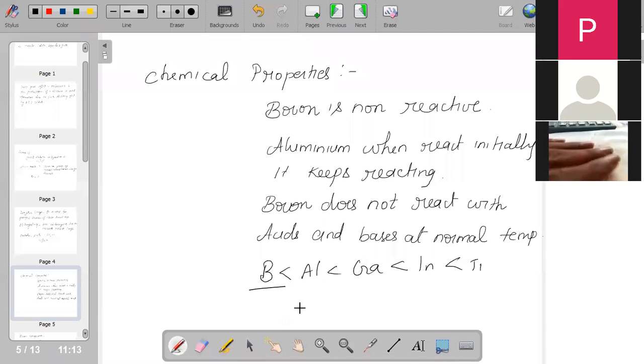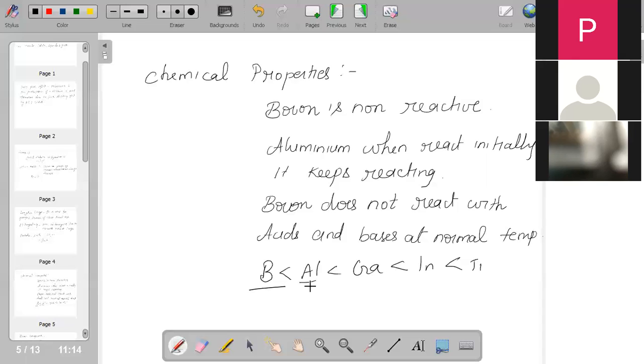Among the given list of elements, which element becomes passive after some time? It is none other than aluminium, because a layer of its oxide will get formed and further reaction stops, so it becomes passive in nature.